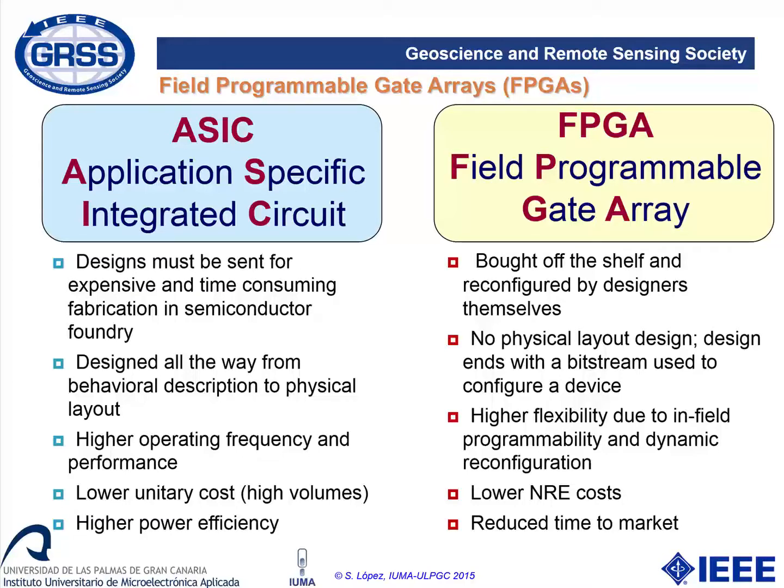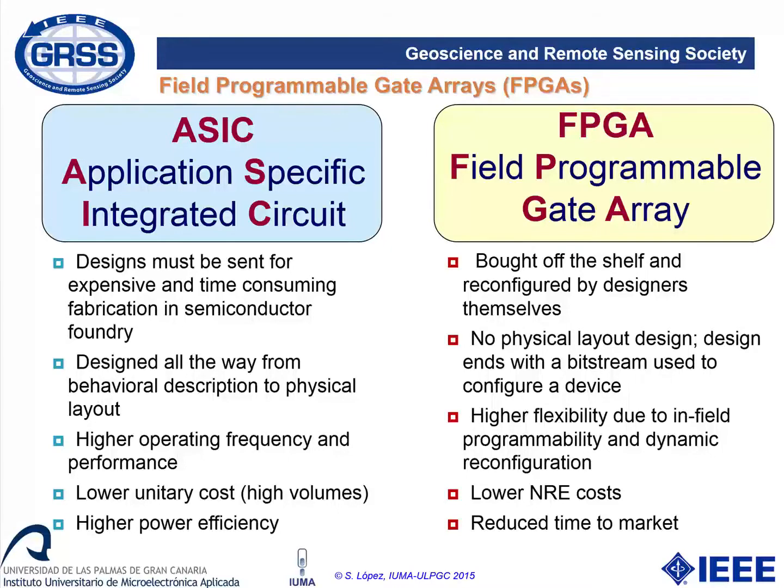So before that, I would like you to know, in case you don't know about them yet, some general things about FPGAs and the differences with ASICs, application-specific integrated circuits. In the case of ASICs, when we have a design and we are going to implement it in an integrated circuit, this is an expensive and time-consuming fabrication process in a semiconductor foundry.